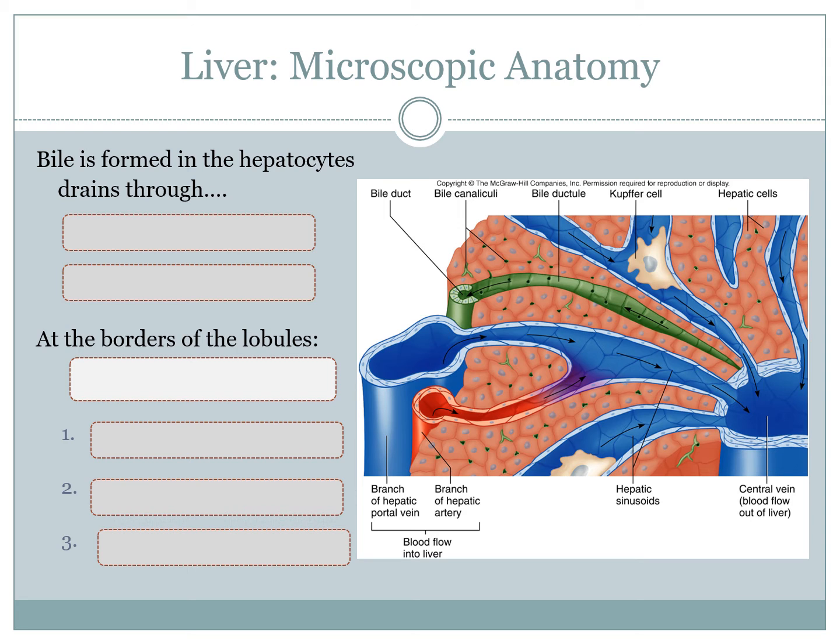Bile is formed in the hepatocytes and drains through the biliary canaliculi. So here are the hepatocytes, and the canaliculi are these little channels that go into the bile ducts, and they will flow in this direction.